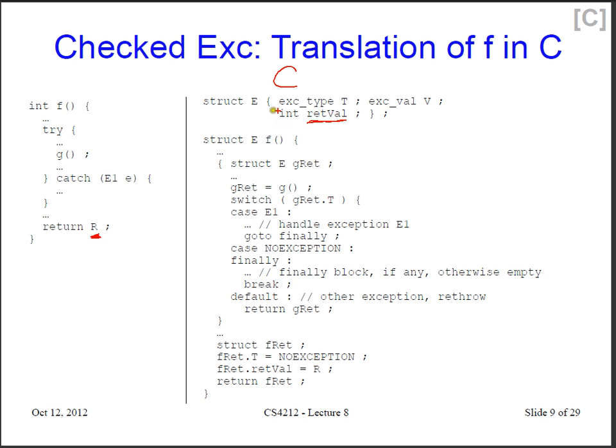But this structure has several other fields. There's one called exception type, which should be an encoding of either E1, right, or E2. You have seen an E2 being thrown on the previous slide, or no exception. So this would be the field saying that no exception is being thrown. There will be a specific symbolic constant reflecting that. And if an exception is being thrown, of course, we have to set up the exception.